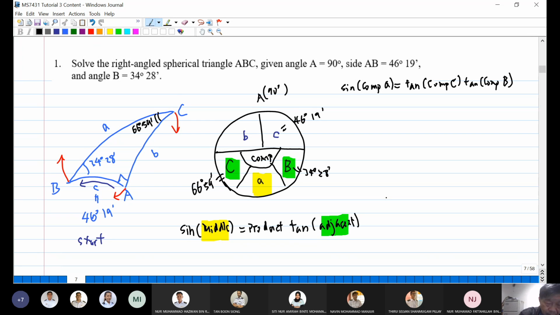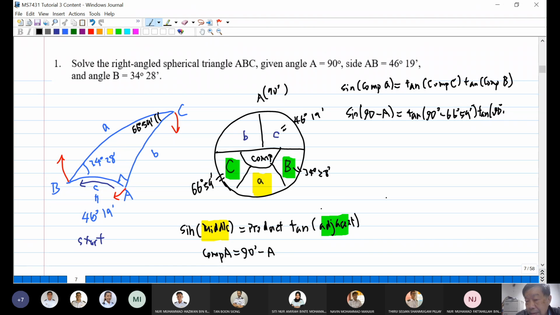Do you know the meaning of co? Co-A means 90 degree minus A. Same thing for the others. So sine of 90 degree minus A. Co-C is 90 degree minus the angle C, 66 degree 59 minutes, and tangent of 90 degree minus B, which is 34 degree, 28 minutes.